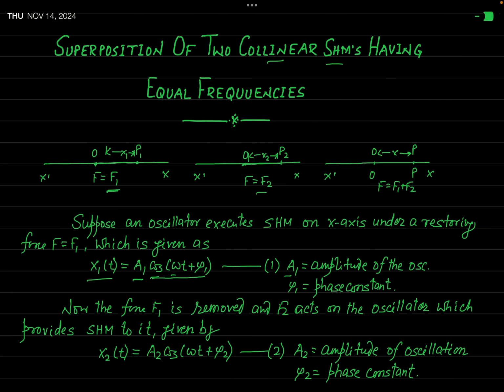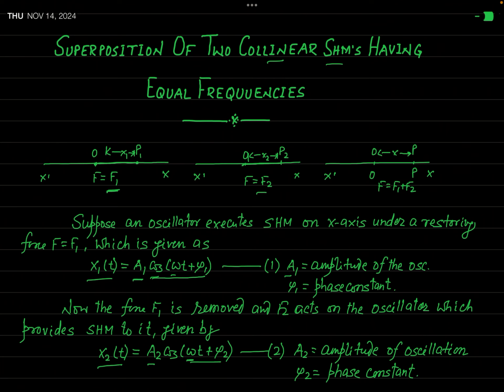So this motion will be described by the equation x2 of t equal to a2 times cosine of omega t plus phi 2. Here a2 is the amplitude of this oscillation and phi 2 is the phase constant.